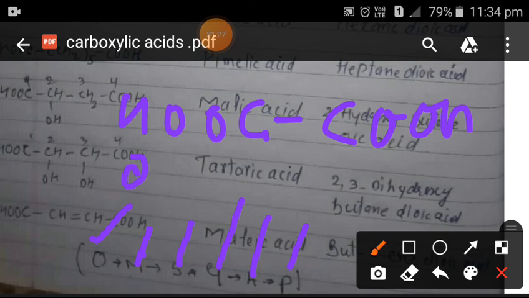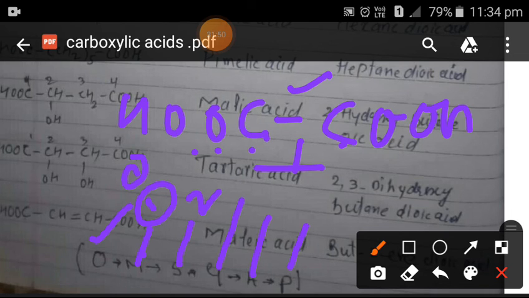So in the case of oxalic acid, there is no methyl group present, that is why O is for oxalic. In the case of malonic acid there is one CH2 group. For succinic acid there are two CH2 groups in between these two terminal carboxylic groups.